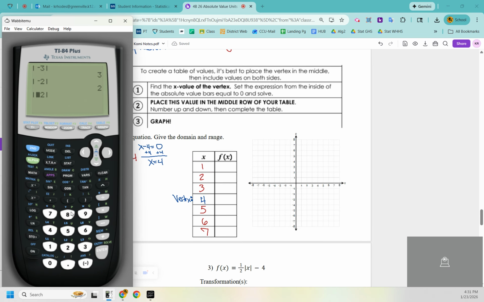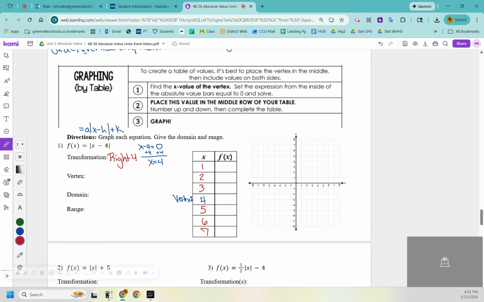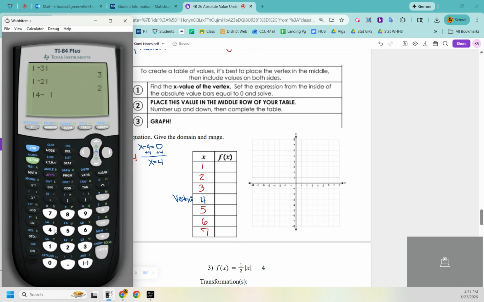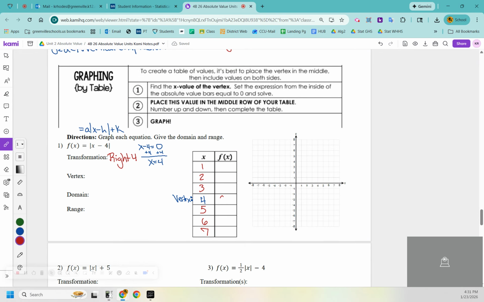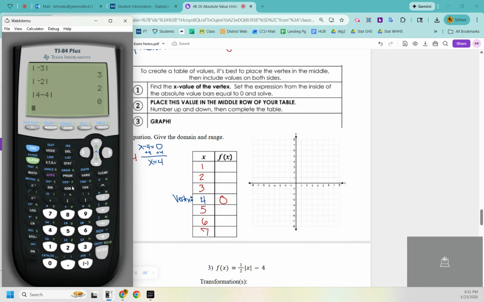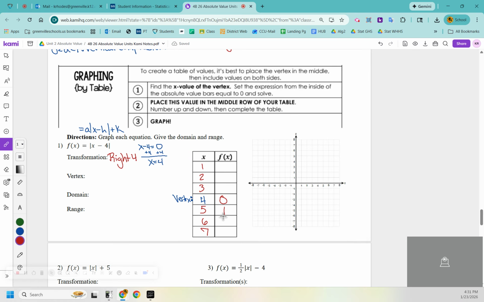I'm plugging in 4 minus 4. I start with the vertex. That's 0. 4 minus 4 is 0. The absolute value of 0 is 0. Now when we get to 5, 5 minus 4 is 1, and the absolute value of 1 is 1.